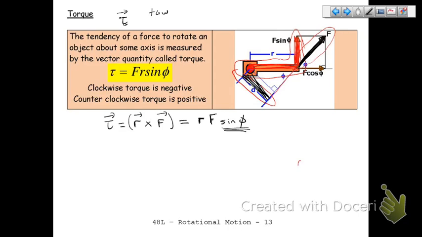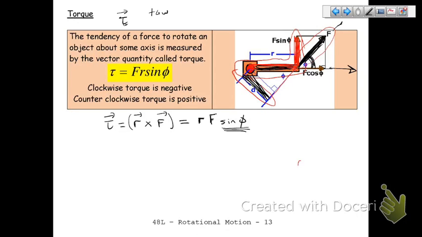If that is my R, and that is my F, because that's originally what I was given, there's my angle. The R's pointing in that direction and the F's pointing in that direction, so that's the angle between them.